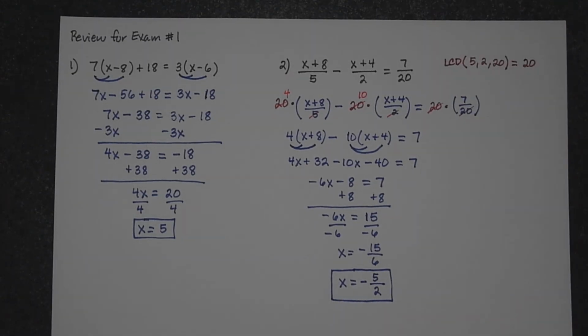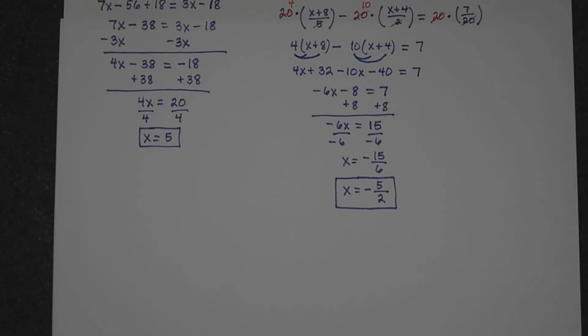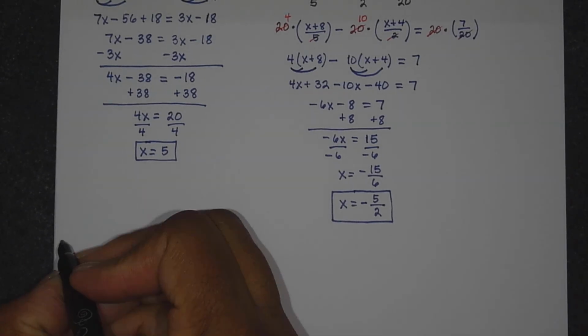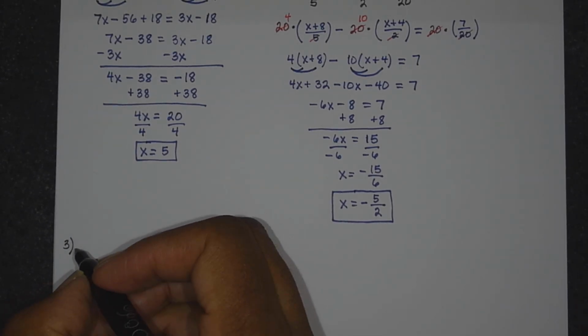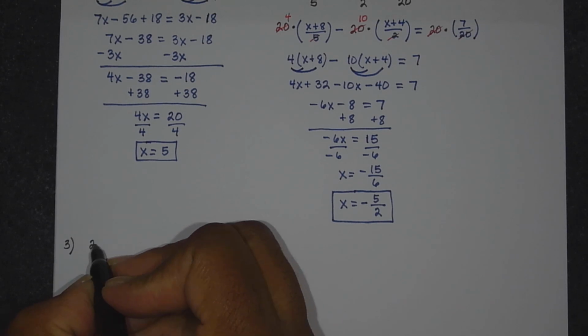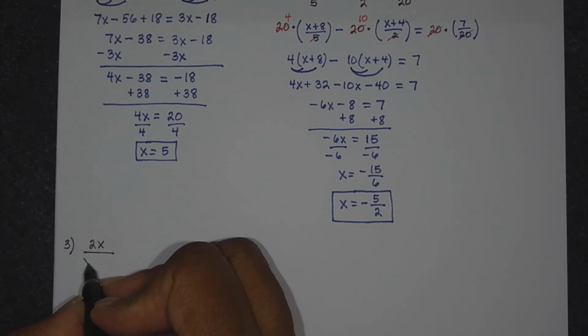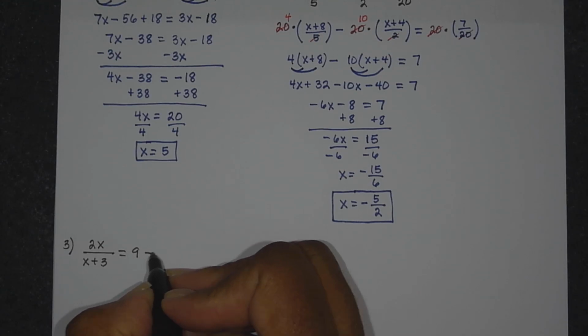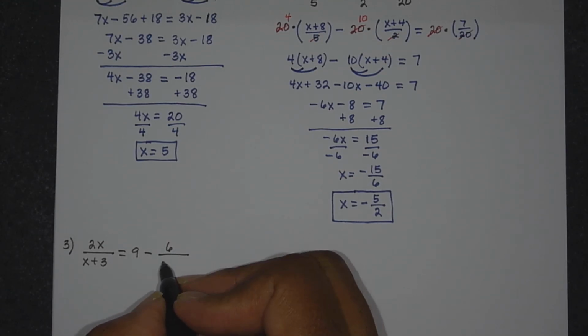All right, number 3 has an equation where the variable is in the denominator. So number 3, we got 2x over x plus 3 is equal to 9 minus 6 over x plus 3.